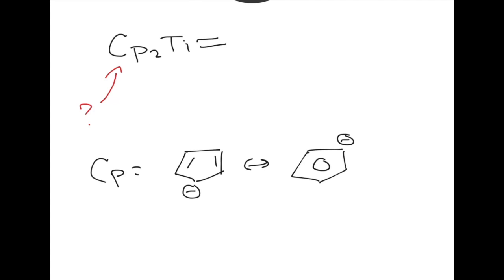So Cp is cyclopentadienyl. So it's a cyclopentane, a cyclopentadiene, there we go, words, I teach how to name things.